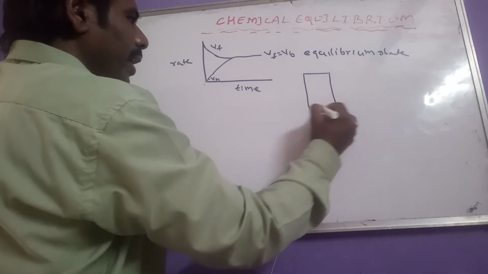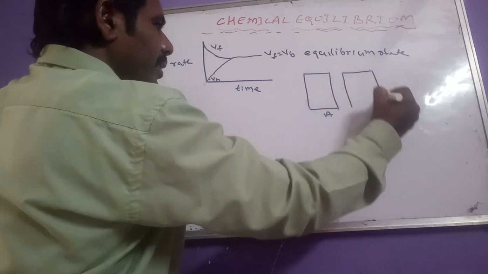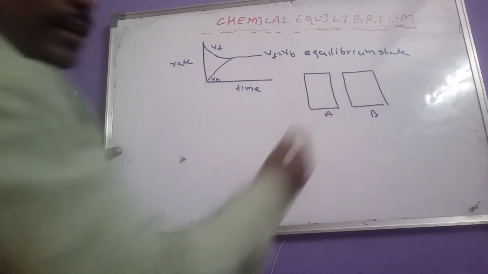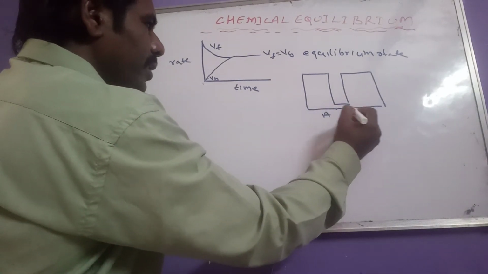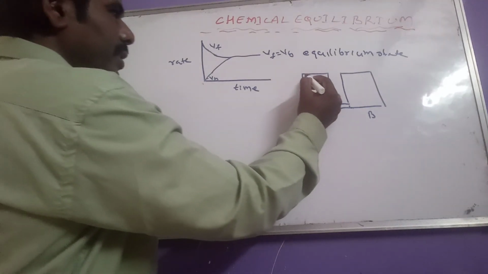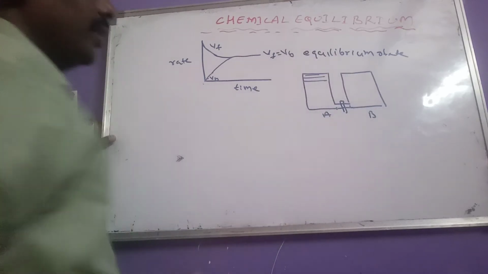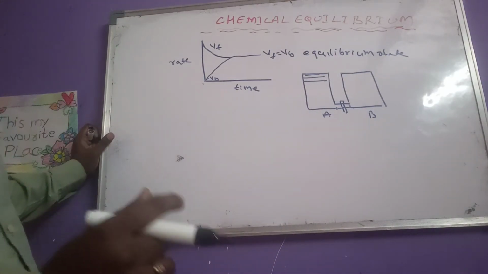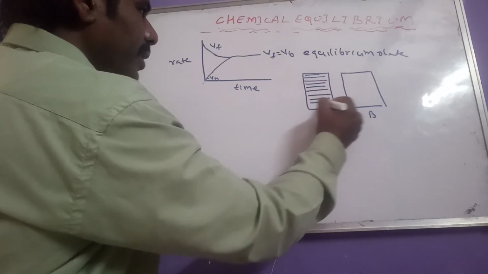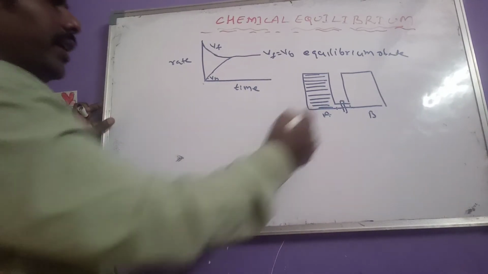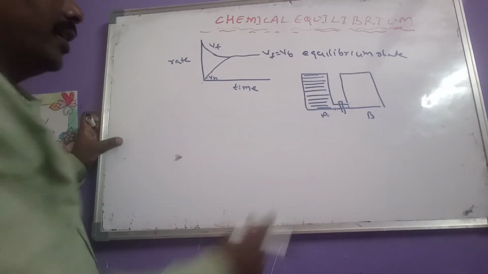With one general example we can see this. Let there be an A vessel and a B vessel of the same size. Let us connect these two vessels at the bottom with a knob, and first fill the A vessel with water. In the B vessel, not a single drop of water is there.